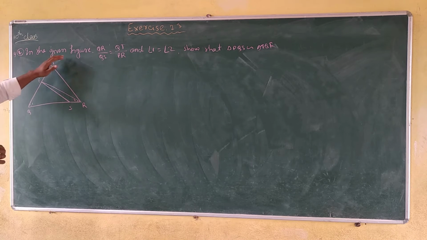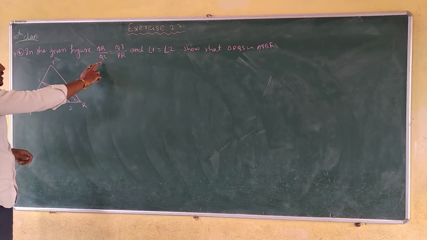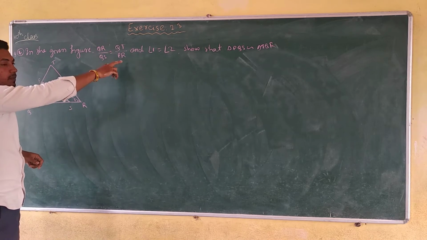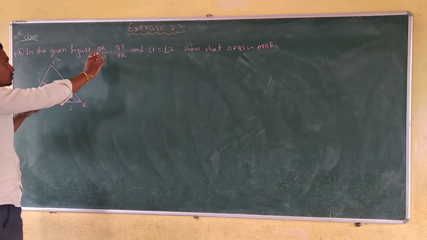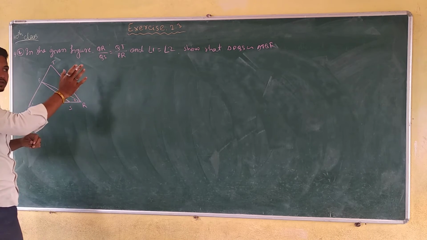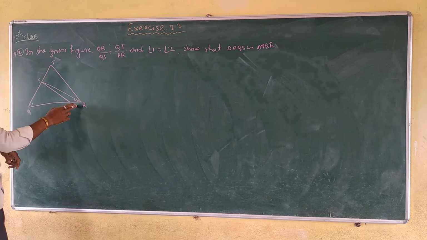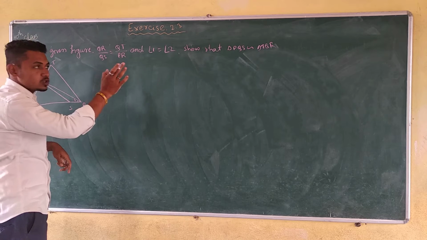See here, in the given figure, QR divided by QS is equal to QT divided by PR, which means the two ratios are the same, and angle 1 and angle 2 are equal to each other.